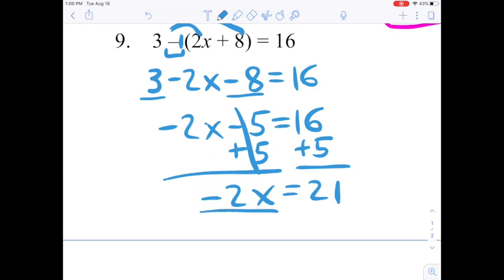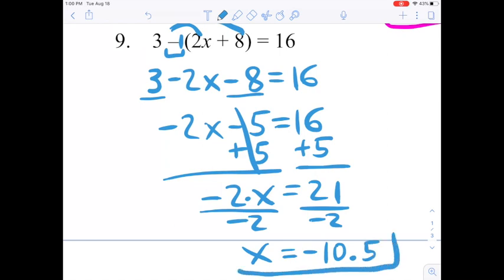And then we will divide, because this was multiplication, we will divide by negative 2 to get an answer of x equals negative 10.5, which you could use a calculator for, or you might be able to do in your head.